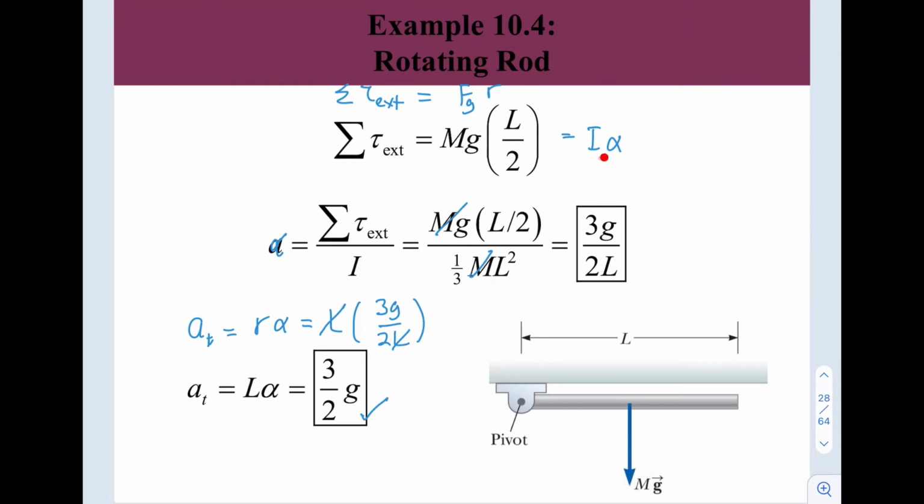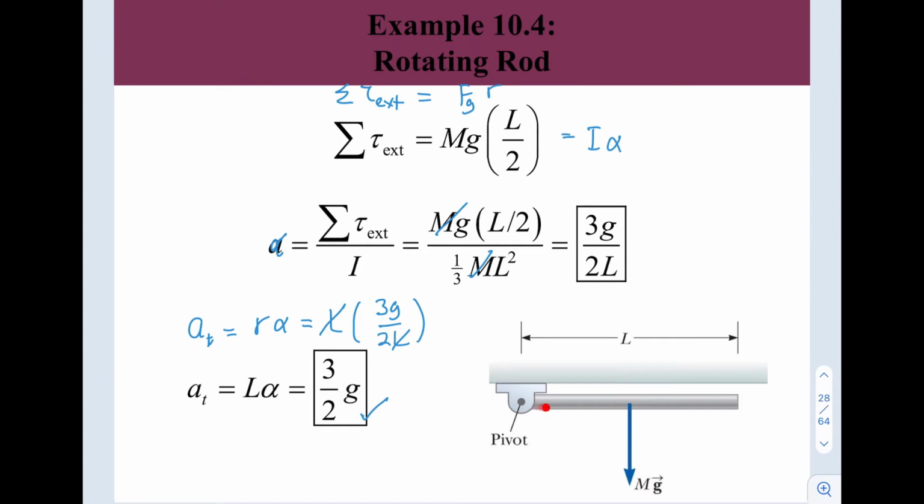Then, not to forget, it's equivalent to I alpha, right? So alpha itself must be the sum of the torque external over I. So what is our torque external? Which is mg L over 2.